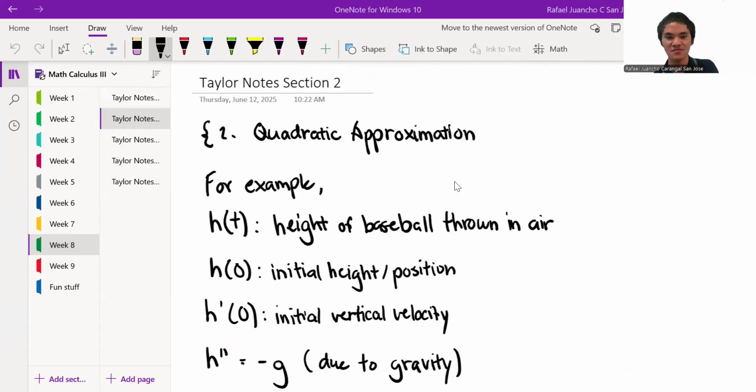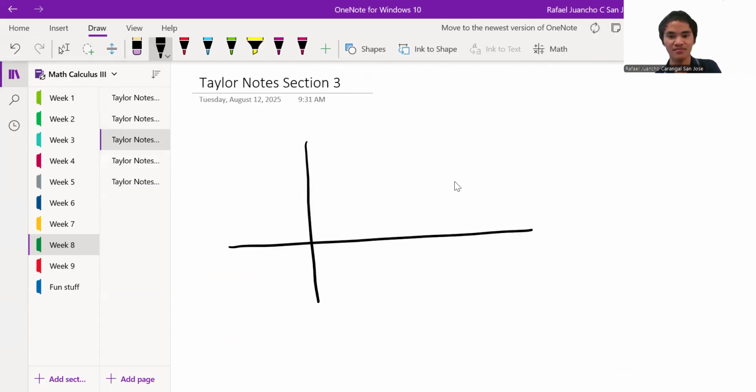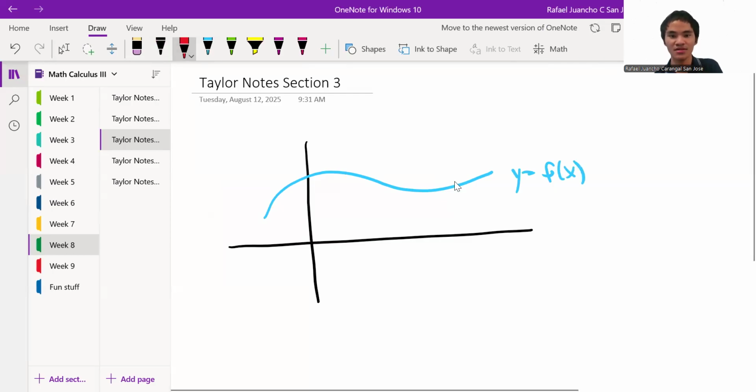Well, let's say we have some curve, or let me go to section three. Let's say we have some curve here, right? That's our curve. This is our x and y axis. This is the plane curve.